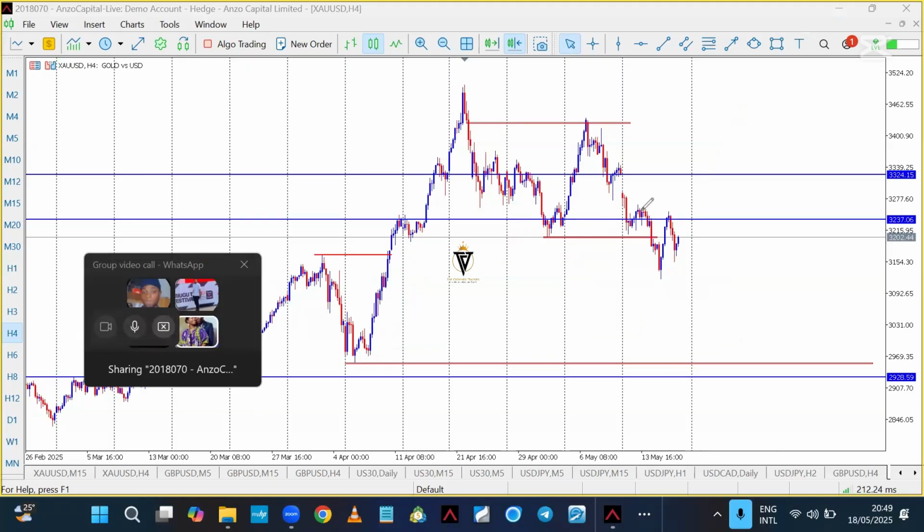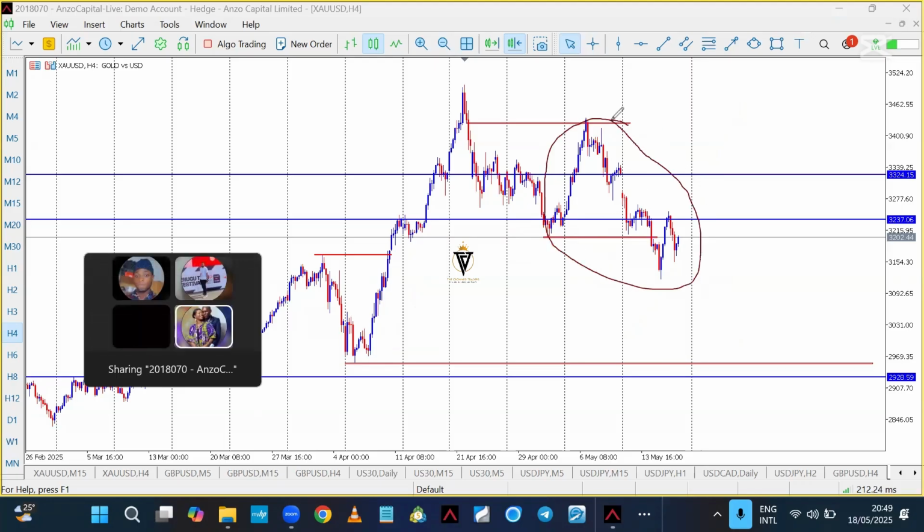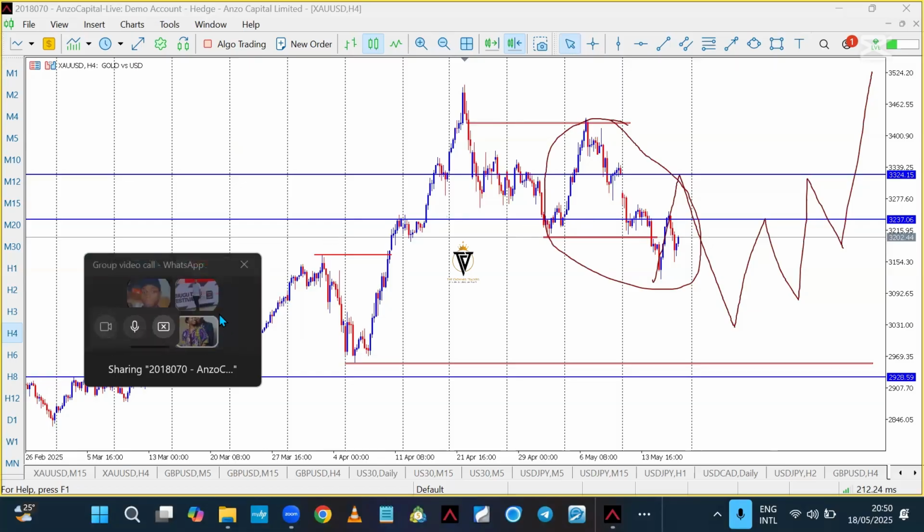And so with this whole thing that is happening here, it's just a correction that may come like this, something like this, and then goes something like this to the upside. But generally, I would look out for a buying position on gold more than any other position.